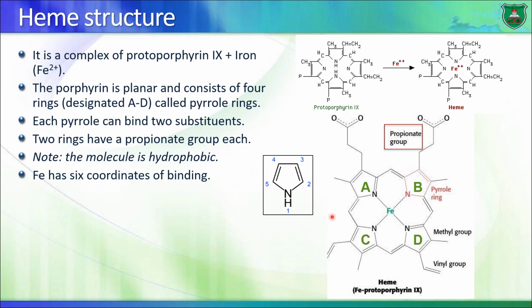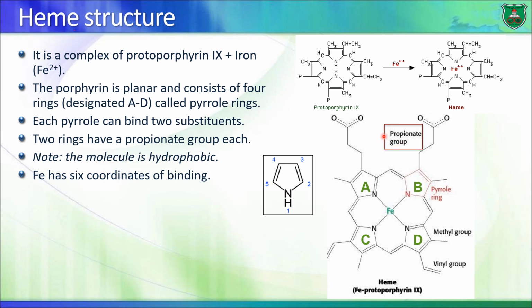Now, also what characterizes heme is the presence of side chains. These are the methyl group, a vinyl group, and the propionate group.